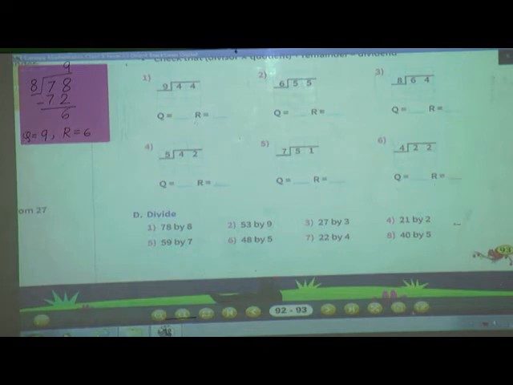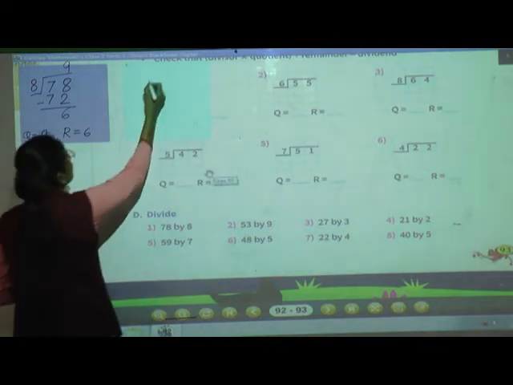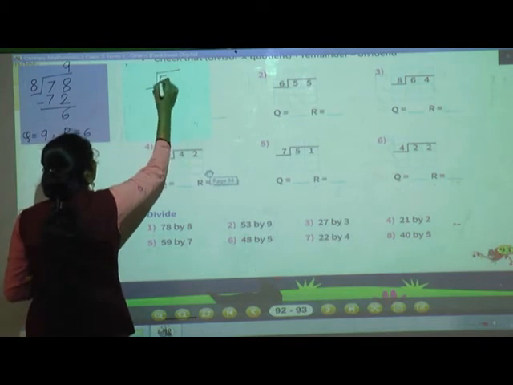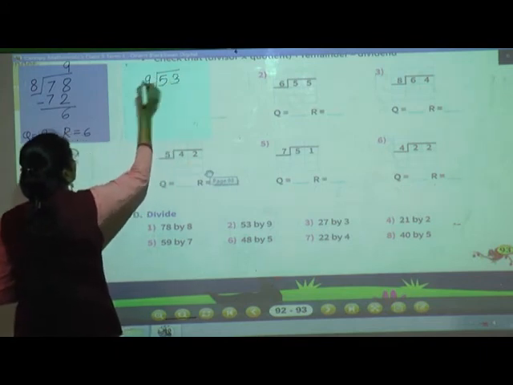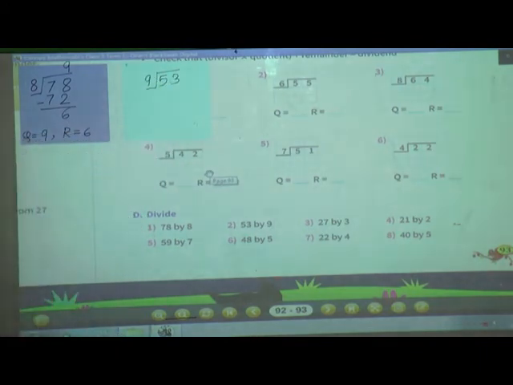Second number, 53 divided by 9. Now see the table of 9.